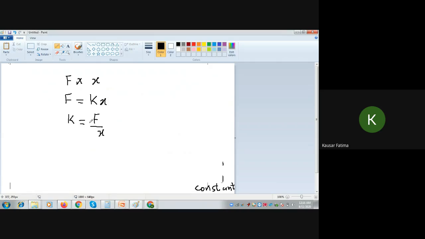So in the other video we will study what happens when two springs are joined in series and two springs are joined in parallel. What will be the extension produced? What will be the effect on the extension when you connect springs in which way, in series or in parallel?